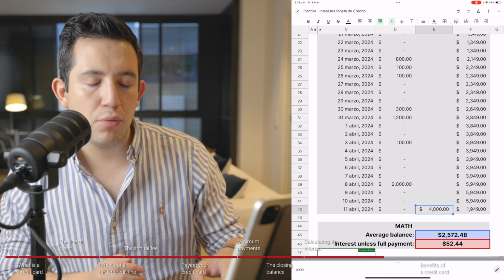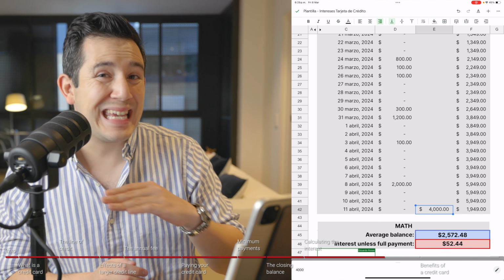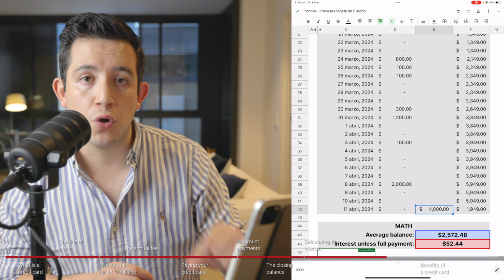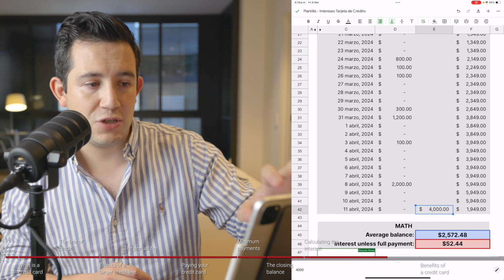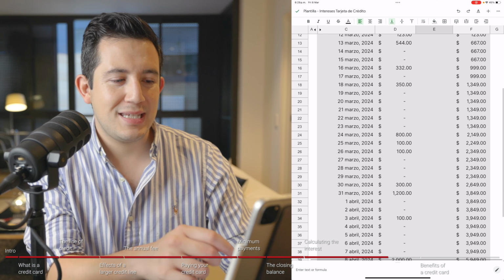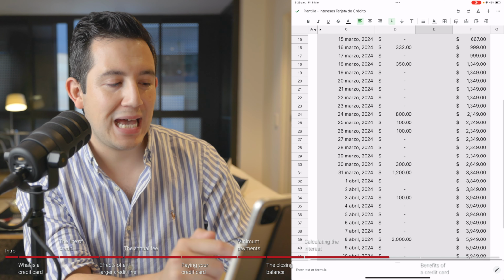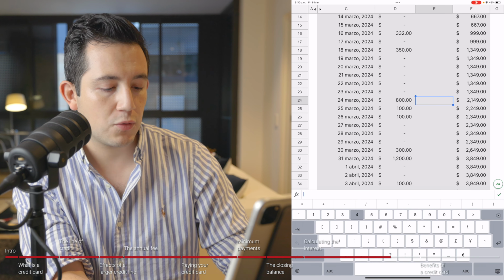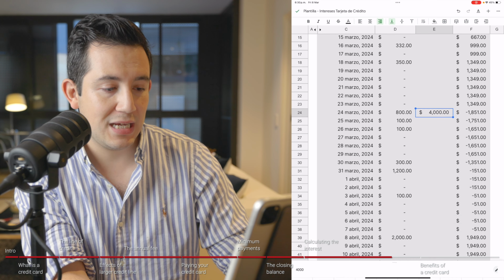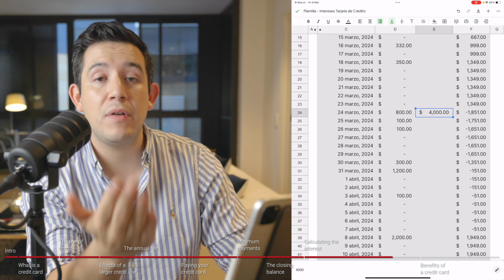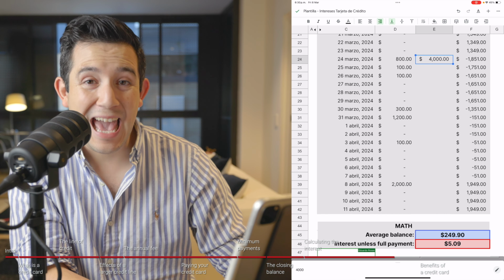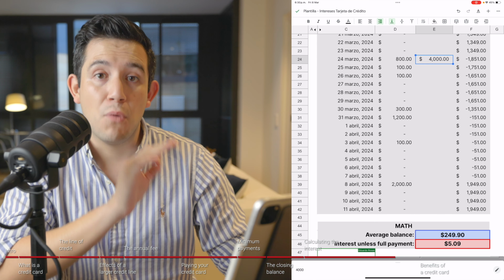Notice that in this example, this $4,000 payment on the last day still generates $52.44 in interest. But let's say you were able to make that payment around the 24th of March, so I will write $4,000 in here. That reduces the balance very early in the statement period, which means that the average balance is much less.